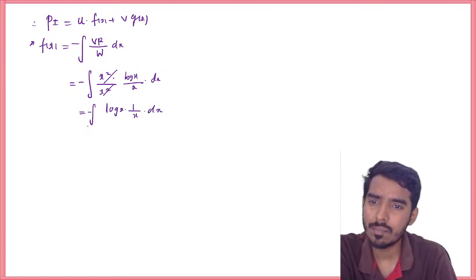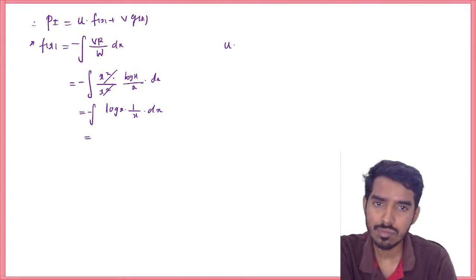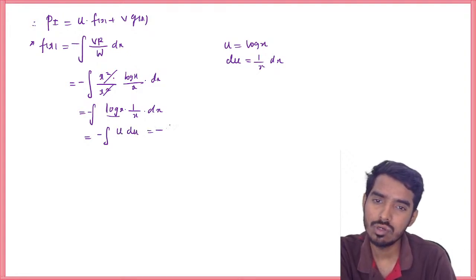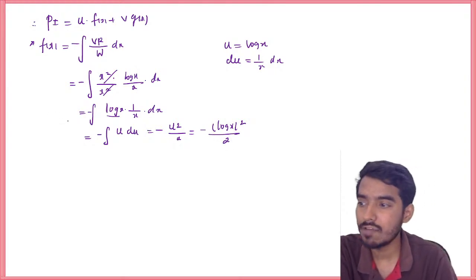Very simple, right? Put t to be log x, so dt is dx by x. So we have minus t² by 2, where t is log x, so minus (log x)² by 2 is our f of x.